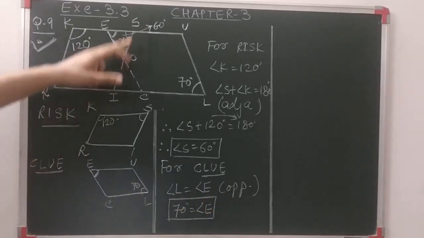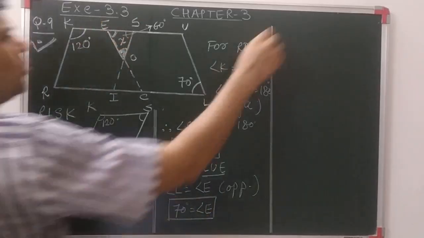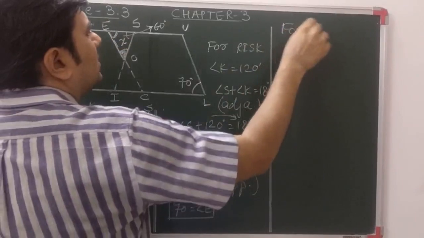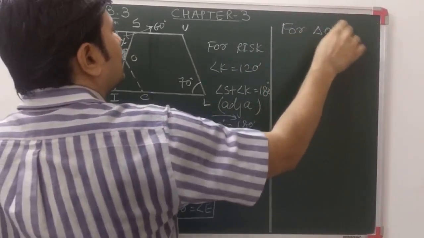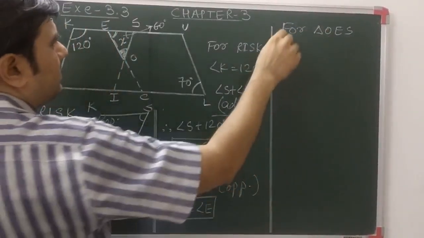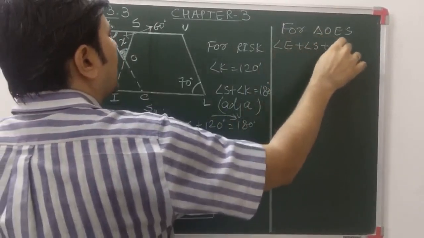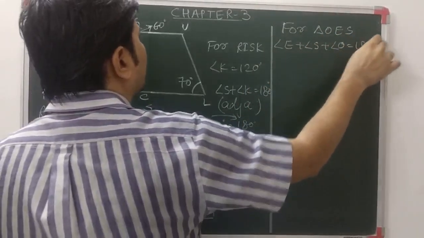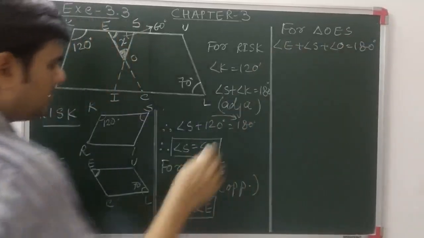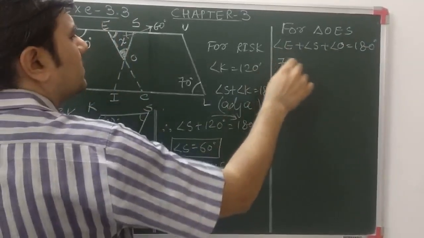Now we'll talk about this triangle OES. For triangle OES, we use the angle sum property. Angle E plus angle S plus angle O is equal to 180. E we obtained, that is 70.